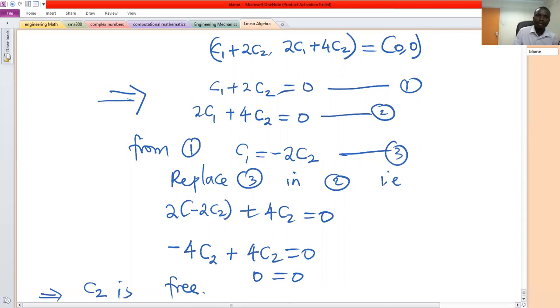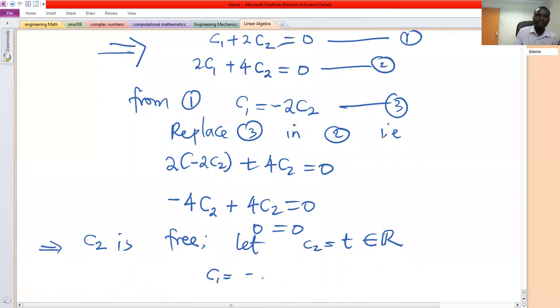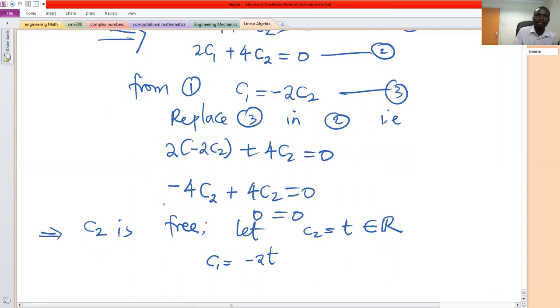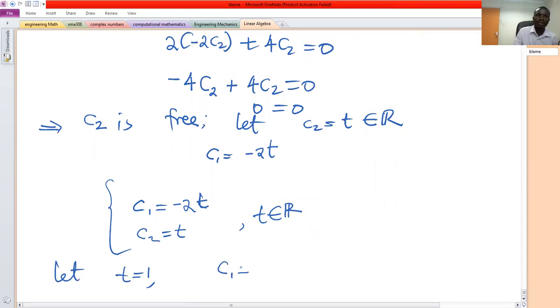And so we let C2 be, say, T, which is a real number, so that we can say C1 is given by minus 2T. So the solution set for this system is C1 is minus 2T and C2 is T. When we let T be, say, 1, then C1 will be minus 2 and C2 will be 1.